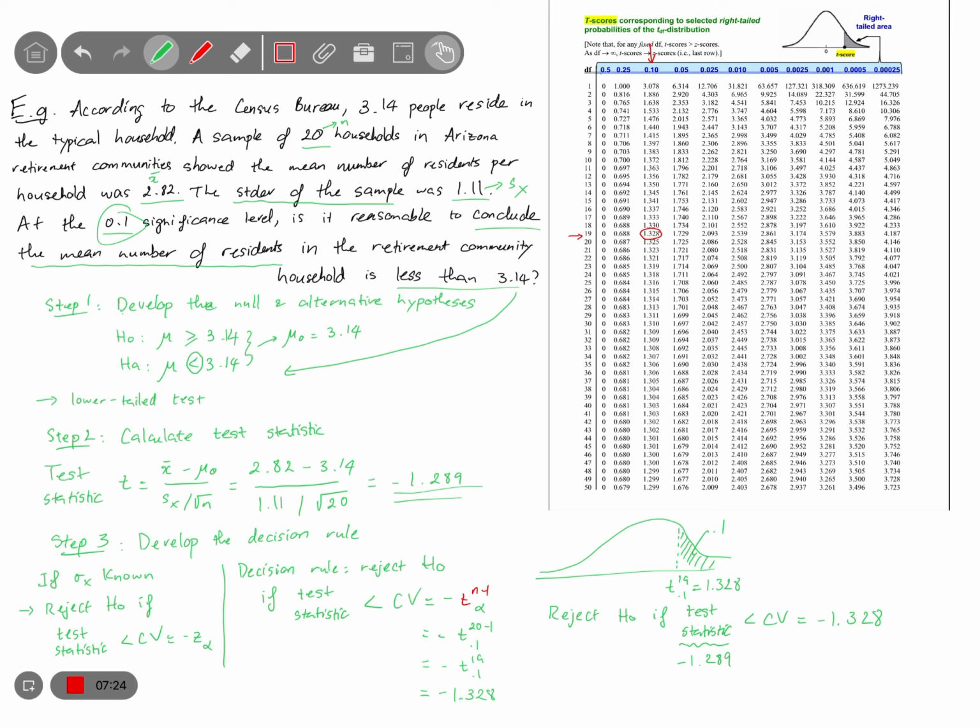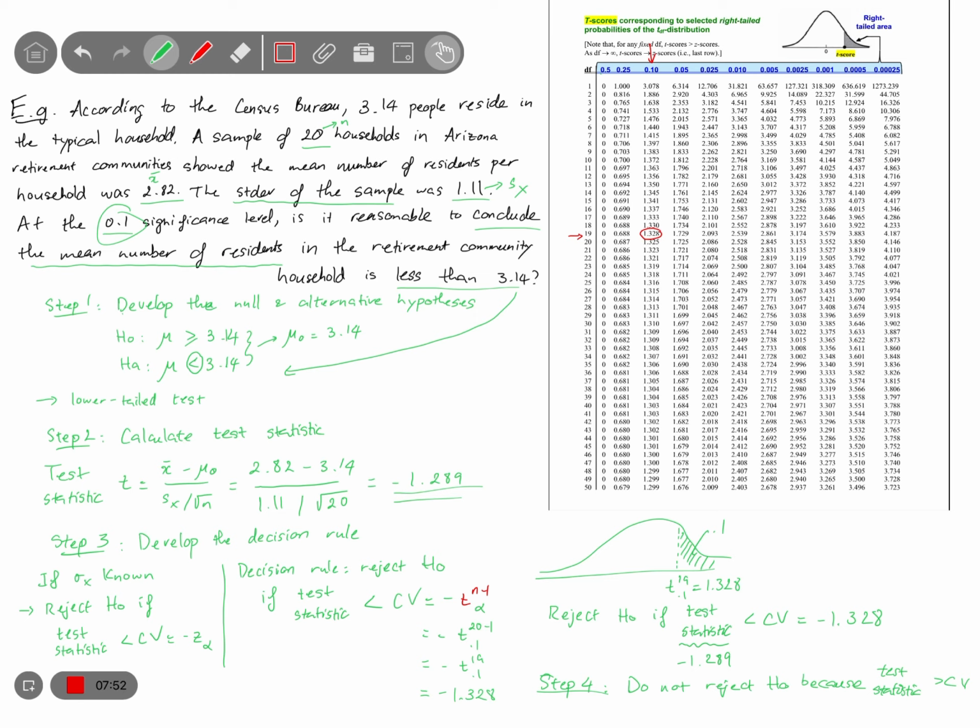And so our conclusion in step 4 is to not reject the null, because the test statistic is greater than our critical value.